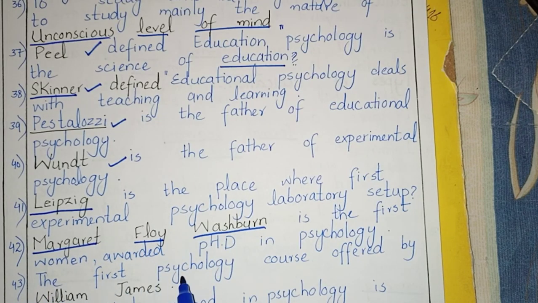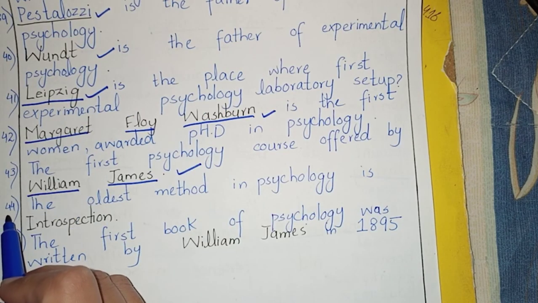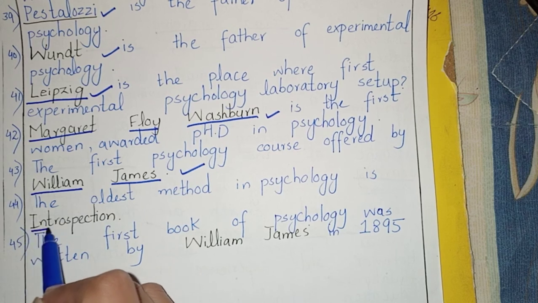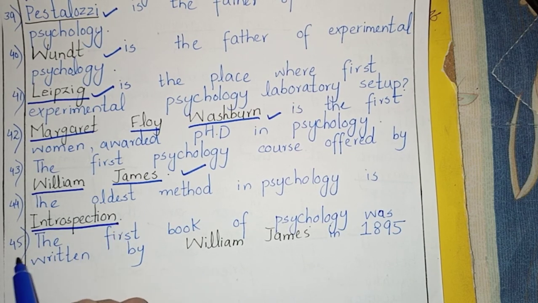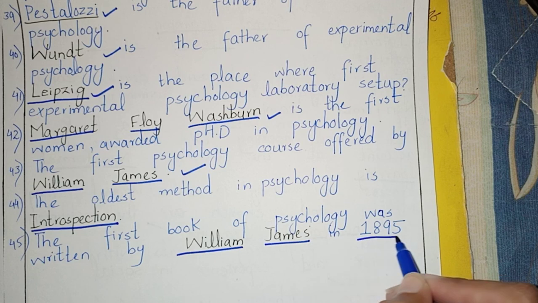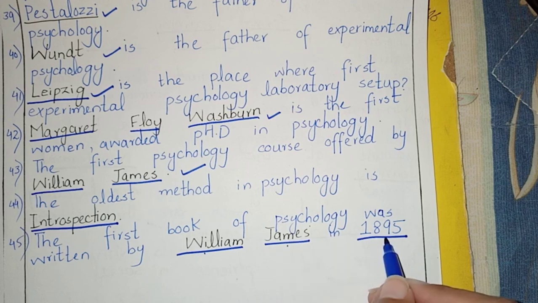The first psychology course was offered by William James. You have to memorize all these points. Question number 44. The oldest method in psychology is introspection. Question number 45. The first book of psychology was written by William James in 1895, and the name of that book was Principles of Psychology, William James in 1895.